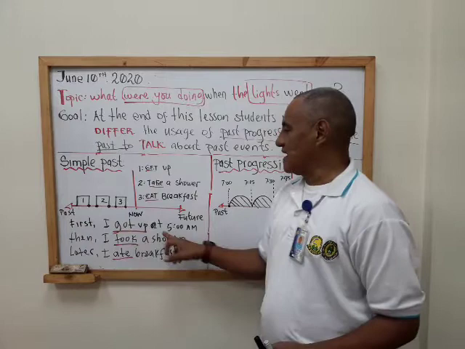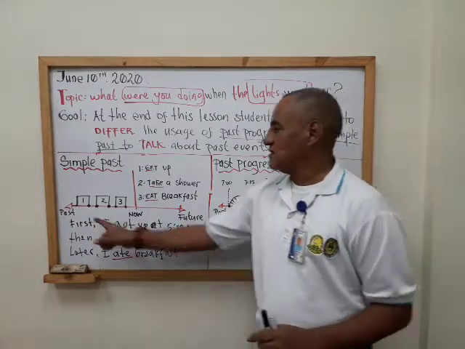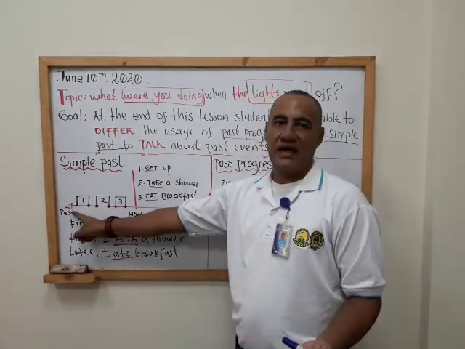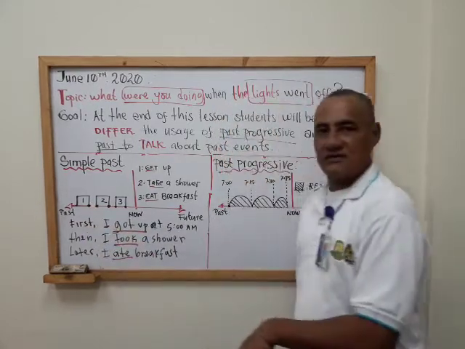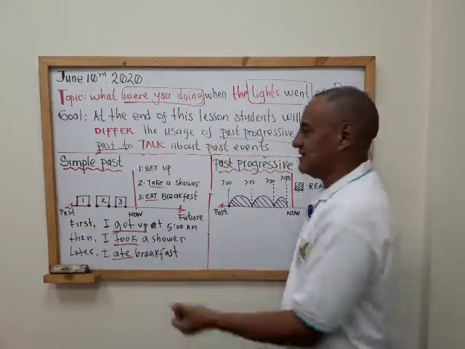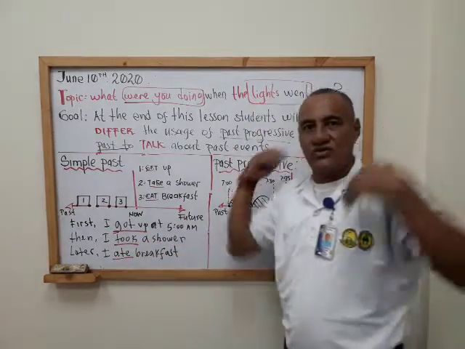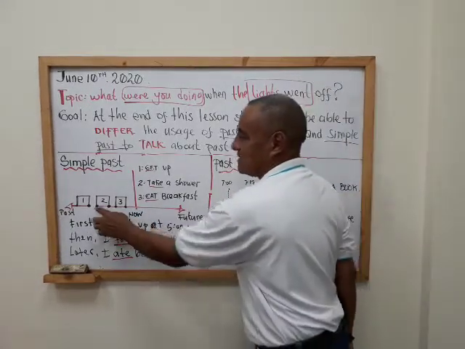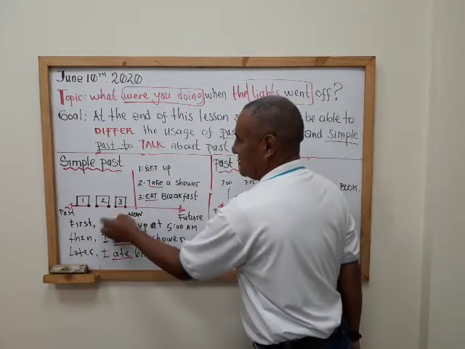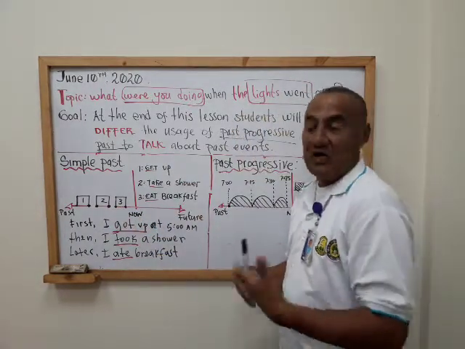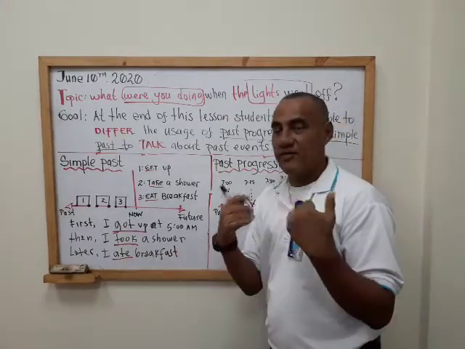Then, look at this. First, I got up at 5 o'clock. So that action began and finished in the past. Alright? Then after, or later, or next, I took a shower. So that activity began in the past and finished in the past. Alright? And finally, or later, I ate breakfast.